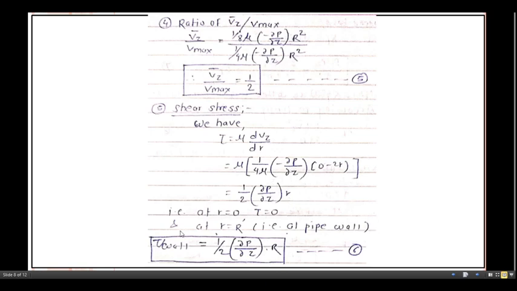Here also just consider the boundary conditions. At r equals 0, tau becomes 0. You just observe here, when r is 0, then tau becomes 0, and at r equals capital R, we can get the relation at the wall portion.